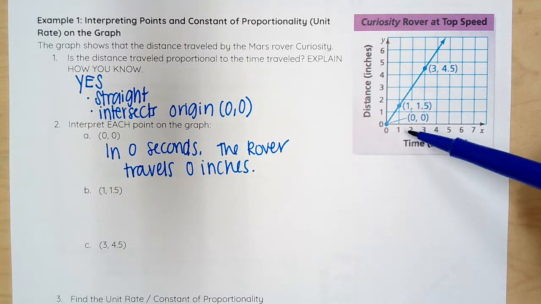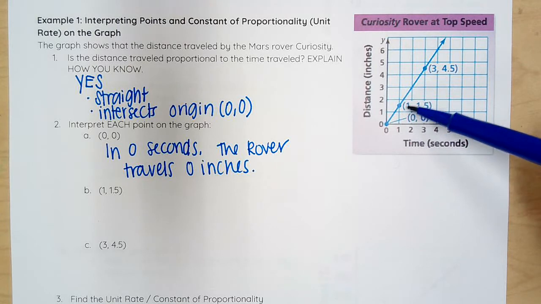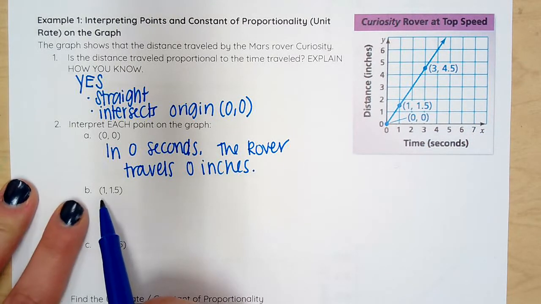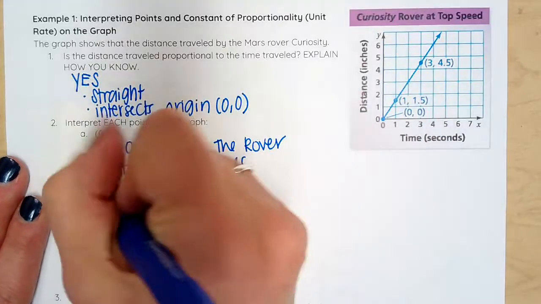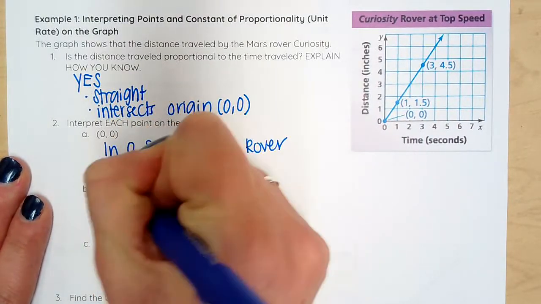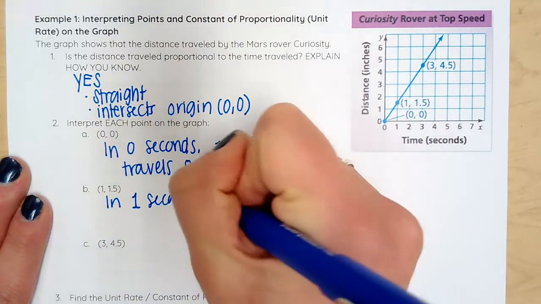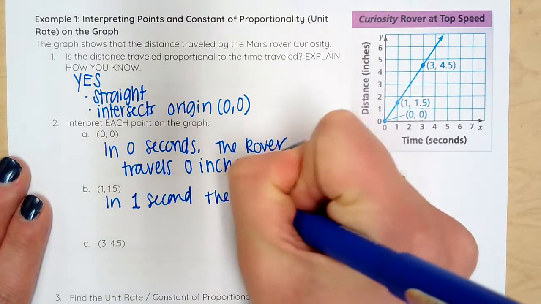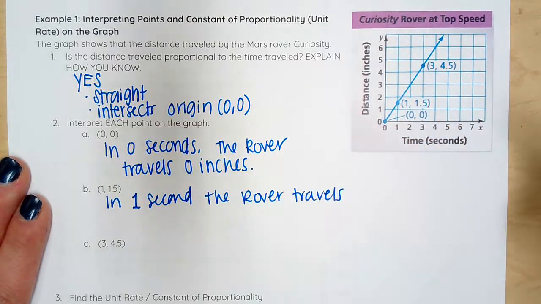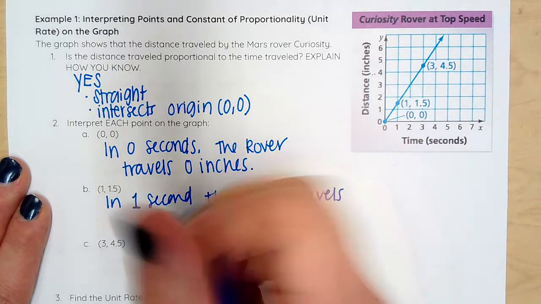Now, if we go to the next point, (1, 1.5), that tells us X is seconds. So in 1 second, the rover travels 1.5 inches.